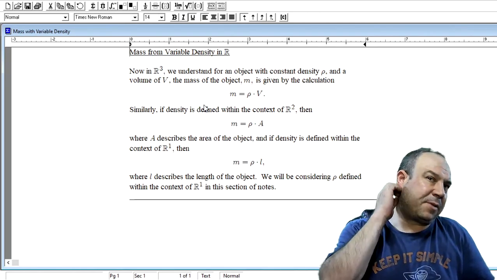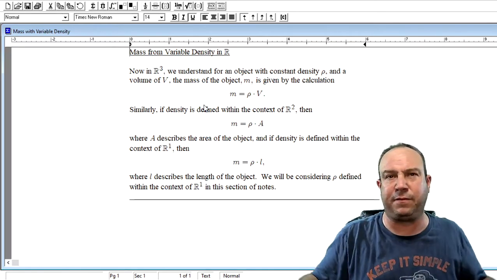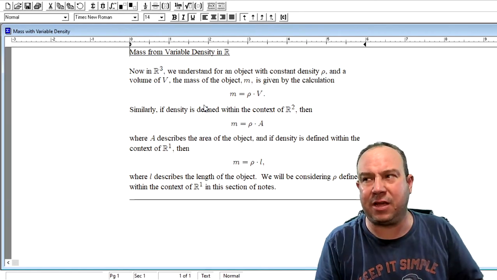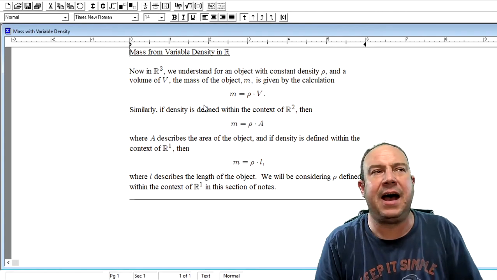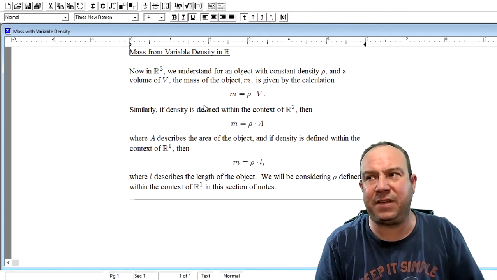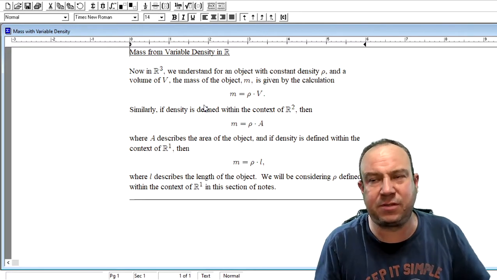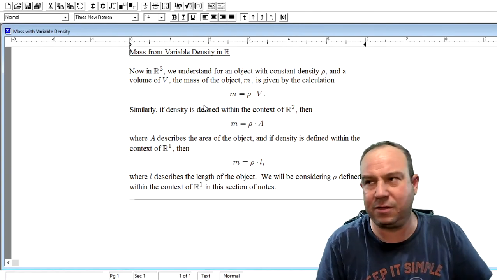Whereas for something like carpet, which you'd put down on your floor, the mass might be described with respect to its area. You might be told that it has a mass of 2 pounds per 10 square feet. It weighs 2 pounds for 10 square feet of this two-dimensional material.